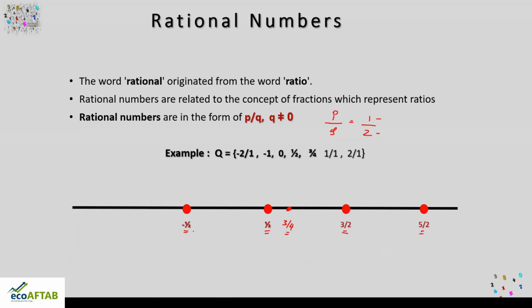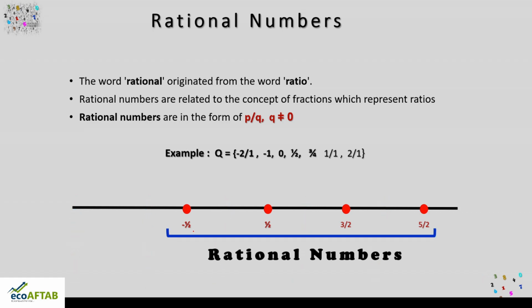If we count these numbers along with the previous numbers, then we call all these numbers rational numbers. So rational numbers means a set of natural numbers along with 0, along with negative numbers, and along with all the fractions. All this together becomes rational numbers.